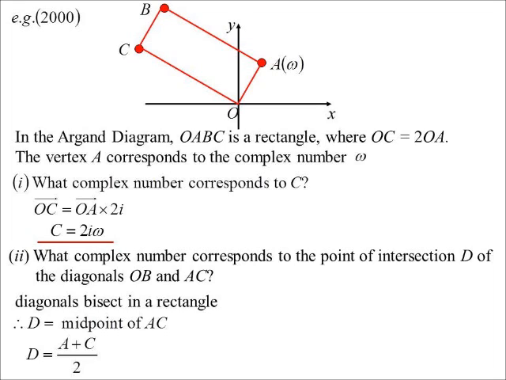I don't have coordinates x, y, but when I say add the points together, I'm going to add the x values together and the y values, and divide by 2. So it's A plus C divided by 2. A was omega, C was 2i omega, and I'm going to divide by 2. So I could write it like that, whatever omega turns out to be. Obviously, I can't work out the coordinates because I don't know the actual coordinates of omega. But it would be a half plus i times omega.